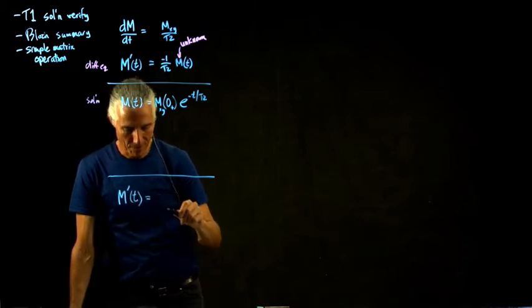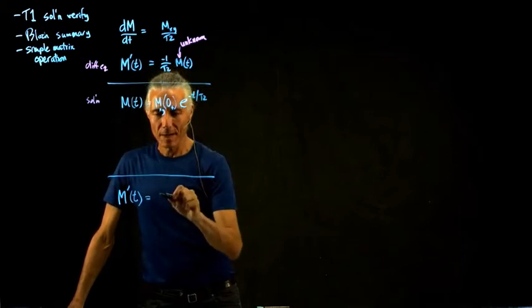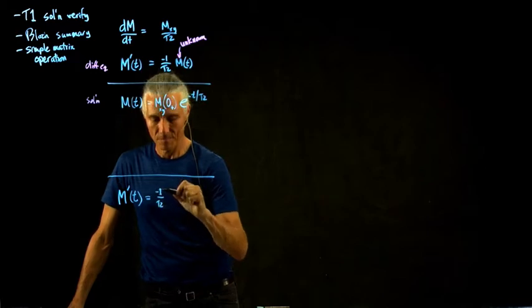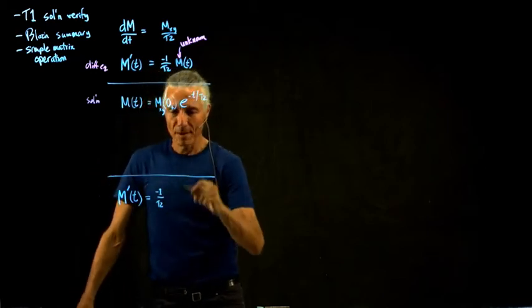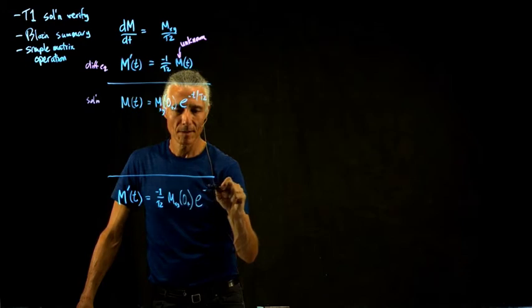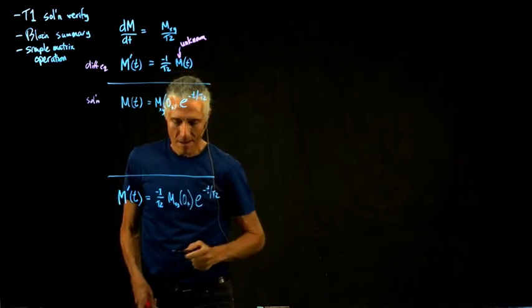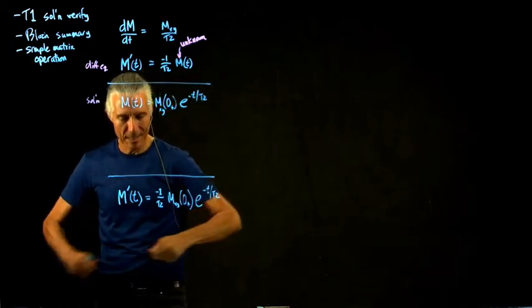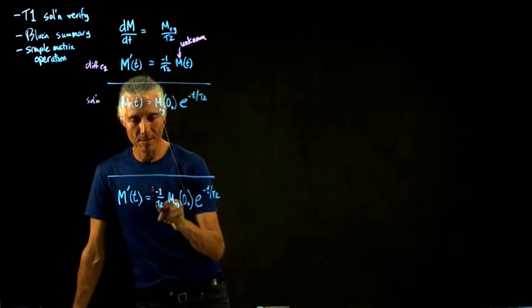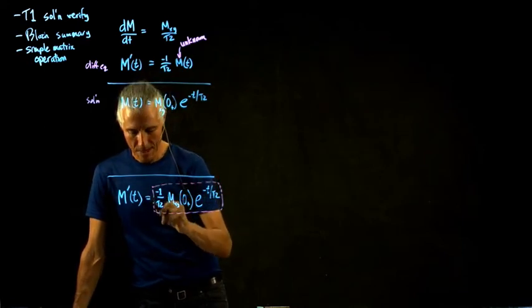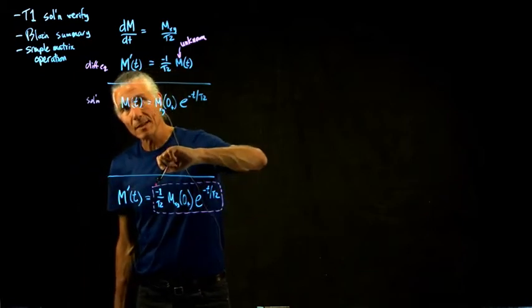We have to take the derivative of the exponent, that's minus 1 over T2, multiplied by the thing, so that's Mxy0 times e to the minus t over T2. And now we see whether that is correct. Here's our answer to the derivative, and that should be equal to that.